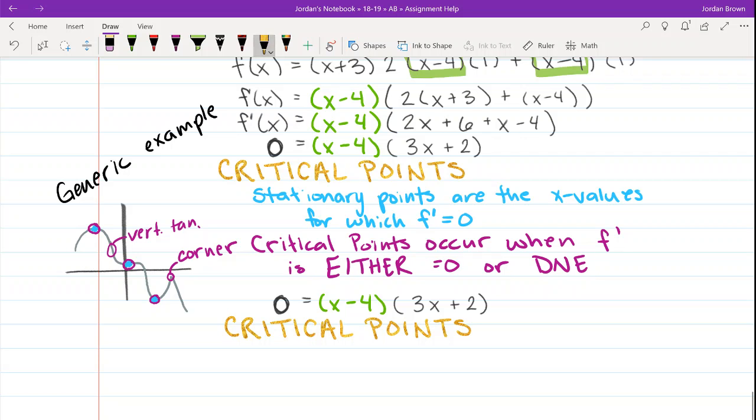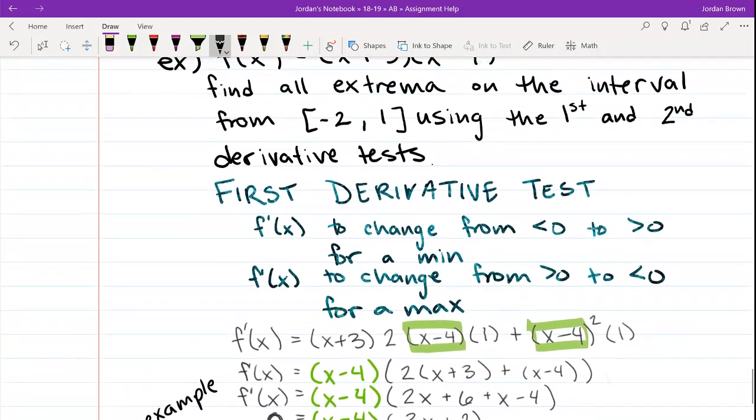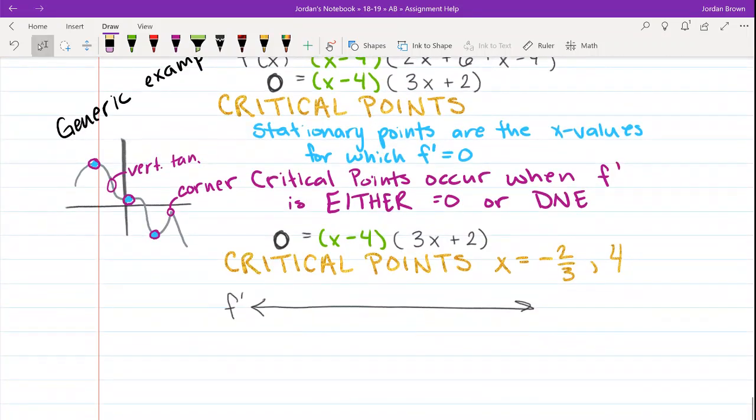So the critical points that we get from solving for 0, we get x equals -2/3 and x equals 4. Those are our critical points. Now, just like Chad said, we're going to do a number line test. We're going to label our number line, and we're going to go from -2 to 1. Those are our boundaries.